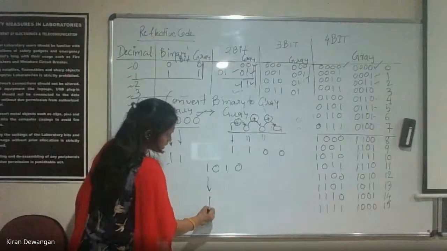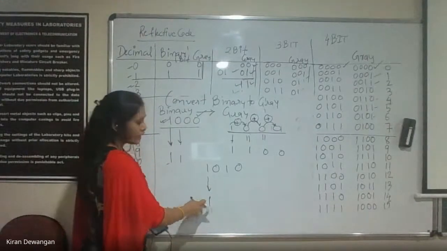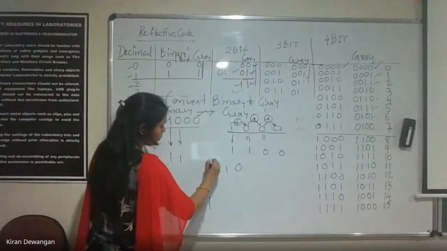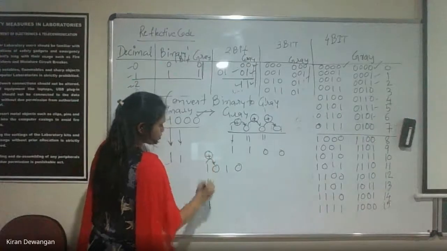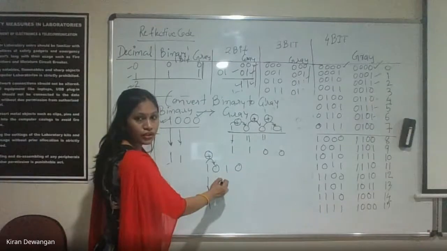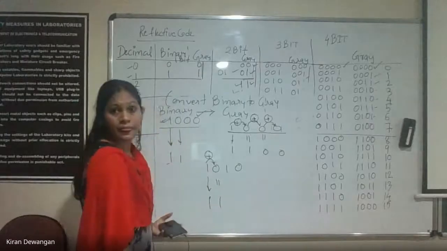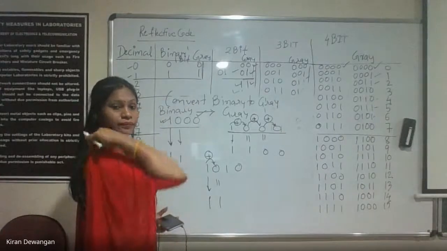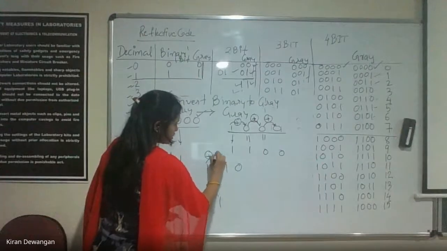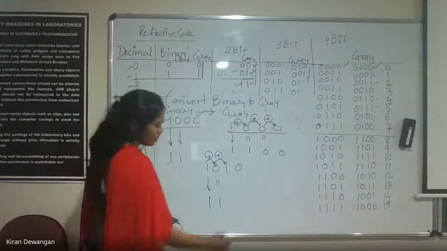It will be just 1, because MSB is always the same. Now we'll XOR these two. 1 XOR 0, what is it? Anyone has any doubt? 1 XOR 0 is 1. Then 0 XOR 1 will also be 1.